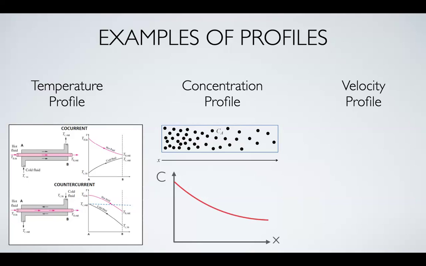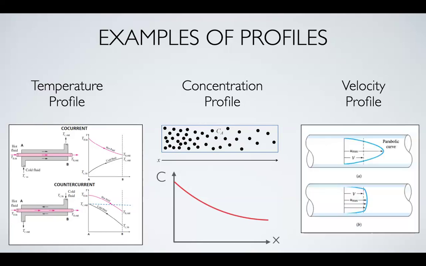You can see that the concentration is going lower along the length of this system. So here you will get the temperature profile, the concentration profile, and lastly, which is pretty similar, the velocity profile. If we have flow in pipes, you might have seen this type of example before.